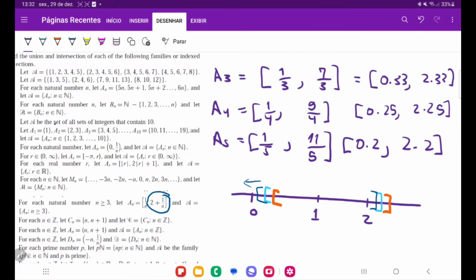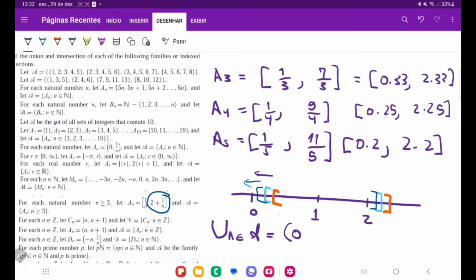So from this, what can we conclude? We can say that the union, so joining all of them, all the possibilities, all the values, the union of A_n, is going to begin at 0 but excluded, because this is going to get closer and closer to 0, but because it is the limit, it's never going to actually hit 0.